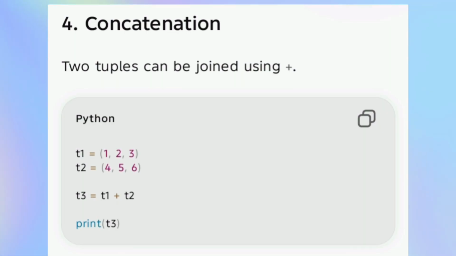Concatenation. Tuples can be joined: t1 = (1, 2, 3), t2 = (4, 5, 6), t3 = t1 + t2, print t3. What is the output? 1 2 3 4 5 6. Let's see how it works in Python.